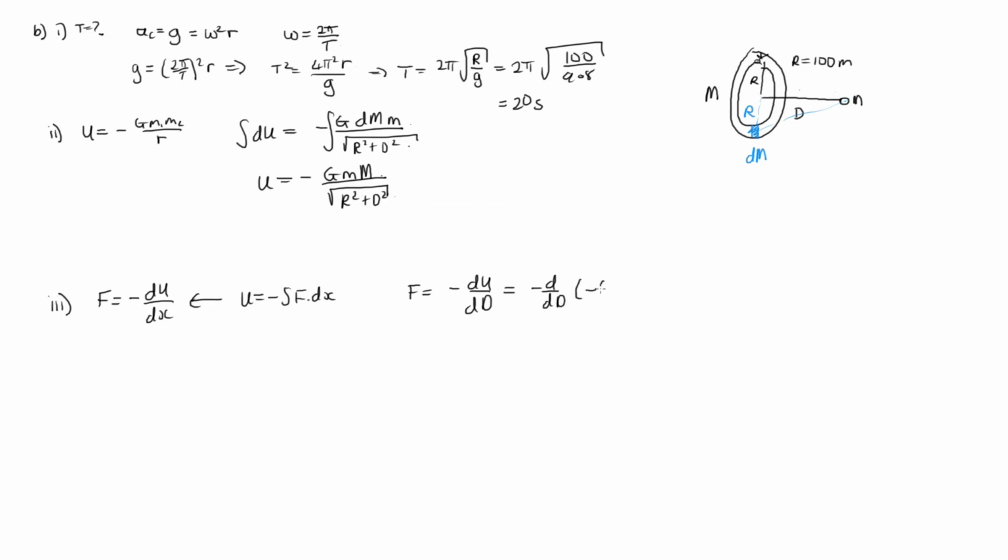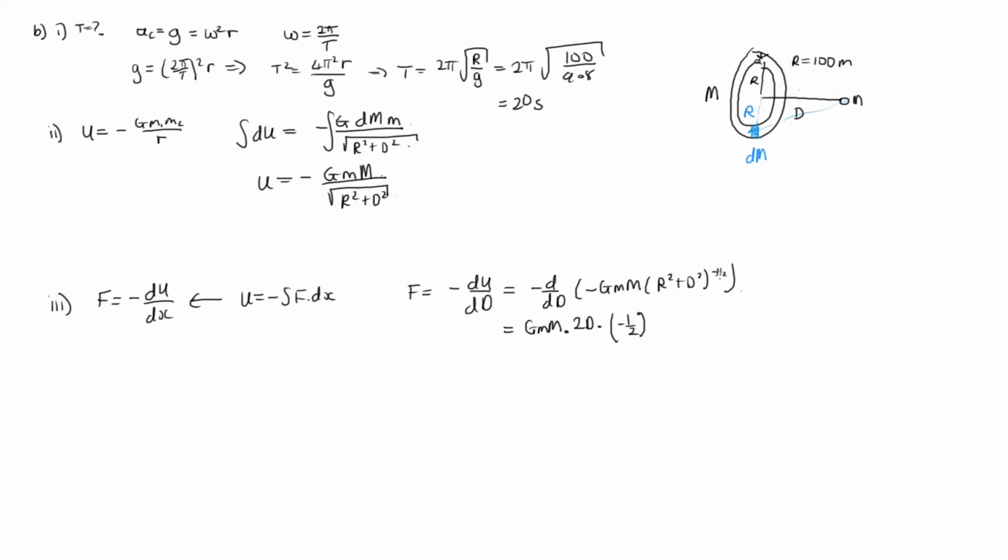We can write U as minus GMm times (r squared plus d squared) to the minus a half. So when I differentiate this, the negatives will cancel each other out. I've got GMm. Now I need to times it by the derivative of what's in here with respect to d, so that'll be 2d. And then the minus a half comes down the front.